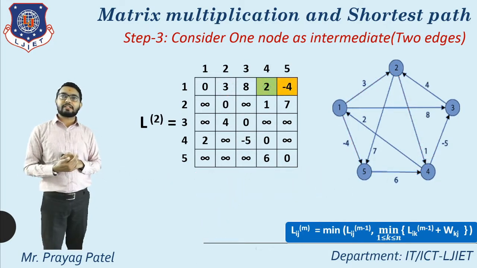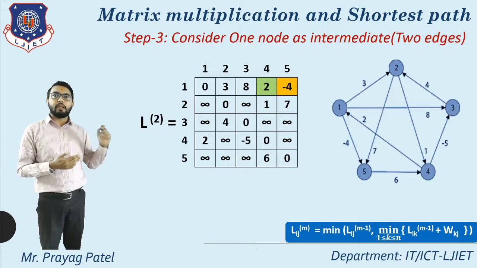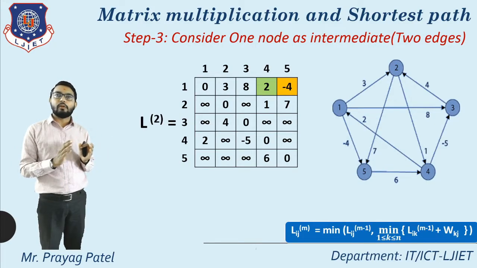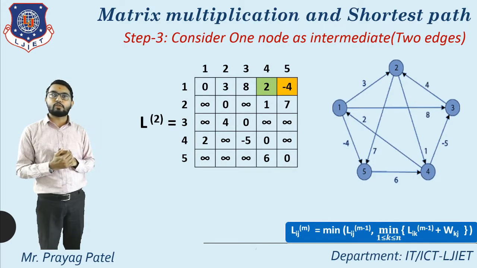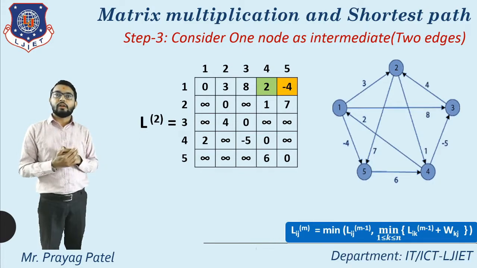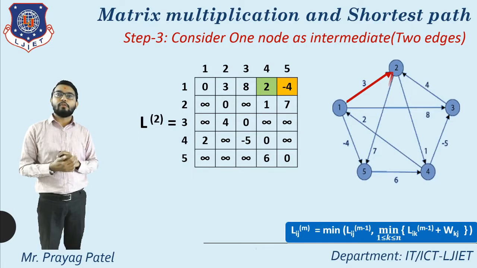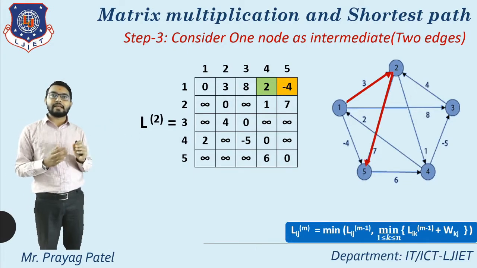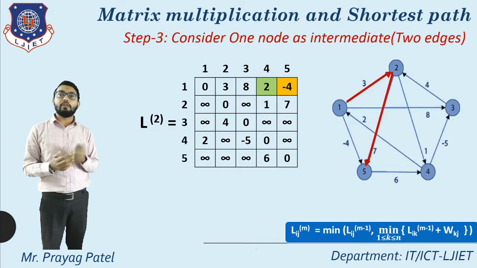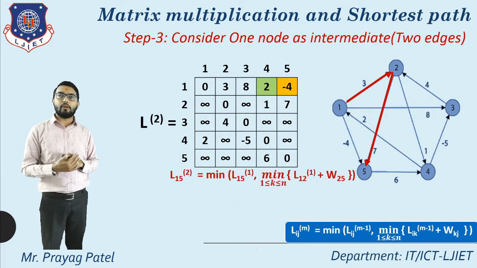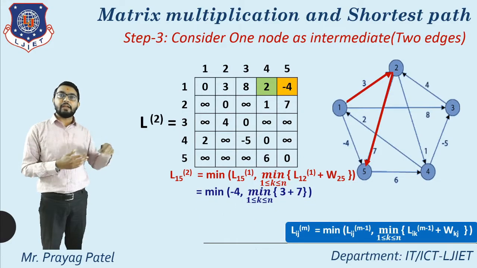Now consider the next step. Location 1 5. In location 1 5 consider any path possible from 1 to 5. Not only direct but consider one node as an intermediate. So here consider no any one path is available from 1 to 2, then 2 to 5. So here consider this path as one path is available but old value consider here. So according to our equation consider the old value as minus 4 and new value as 3 plus 7.